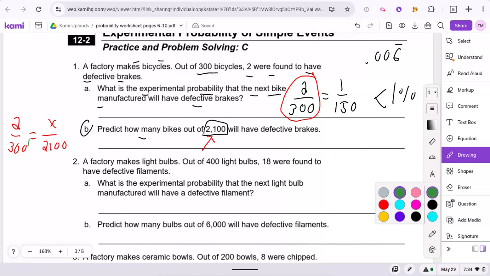You can do your cross multiplication, 300x, which is 300 times x, and then 2 times 2,100, which would give you 4,200. And then you would divide to solve for x by 300 on both sides. These would cancel. You get x equals 4,200 divided by 300, and you'd get approximately 14 that would have the defective brakes.